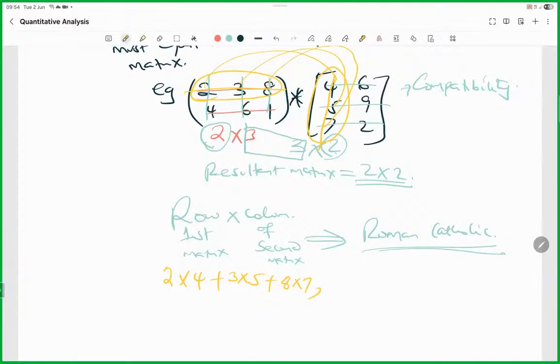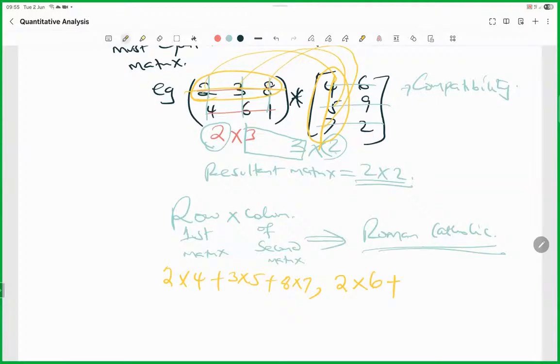Now remember that this row will not get tired until it multiplies all the columns of the second matrix. It has multiplied the first column. Let it multiply the second column. Second column here will be 2 times what here? 2 times, somebody is following, first ones, plus second ones.